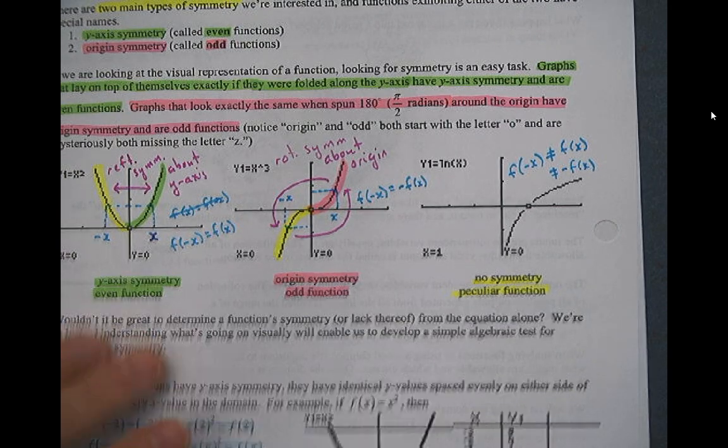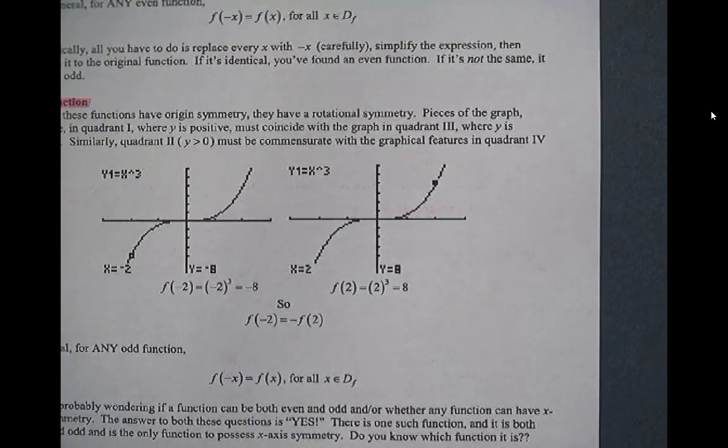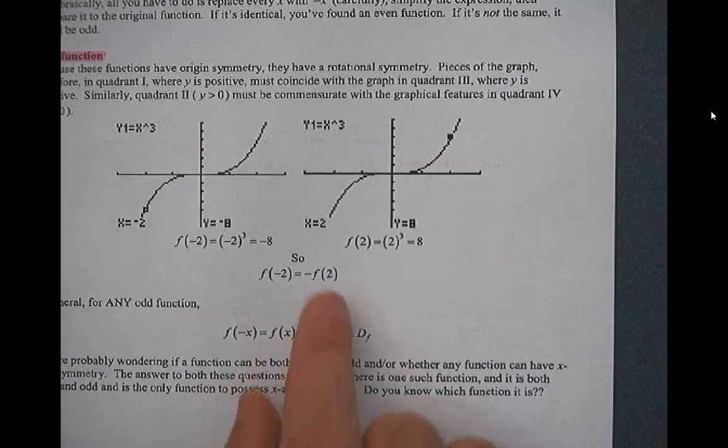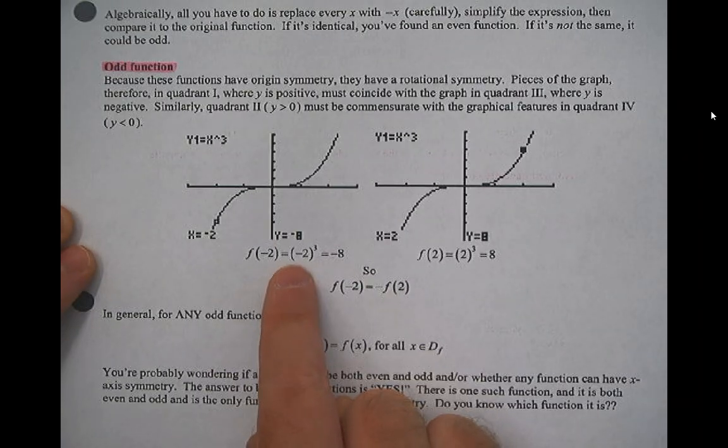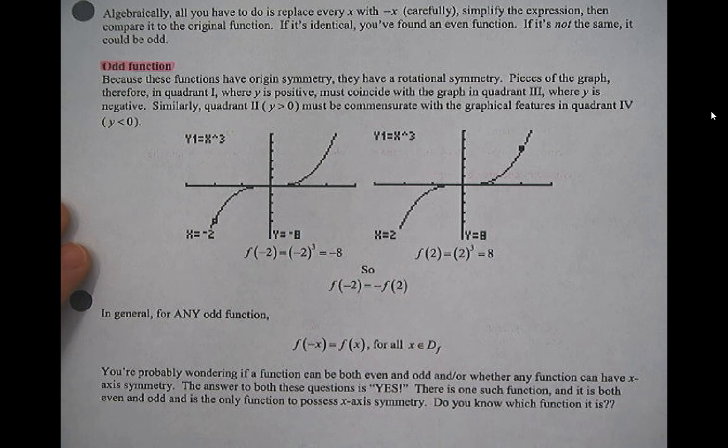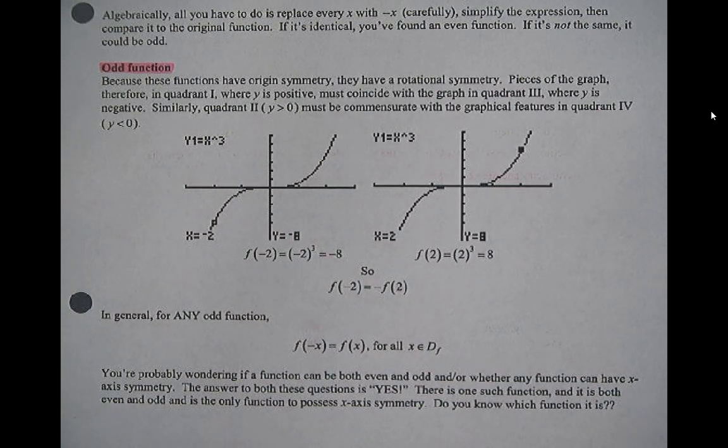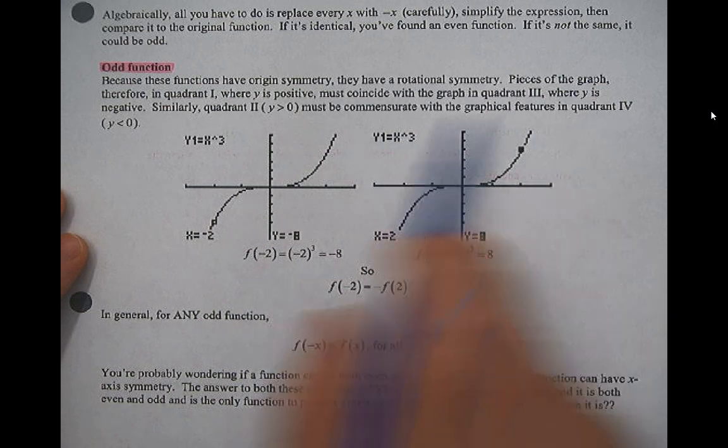So going back to our notes, here's our function. He used f of negative 2. We should really use f of negative x. I'm going to plug that in. Our equation is x cubed.